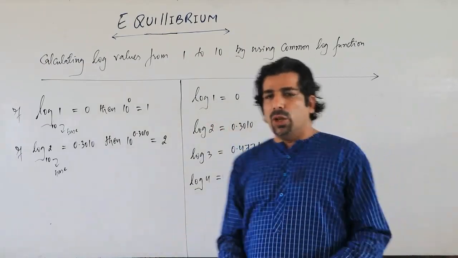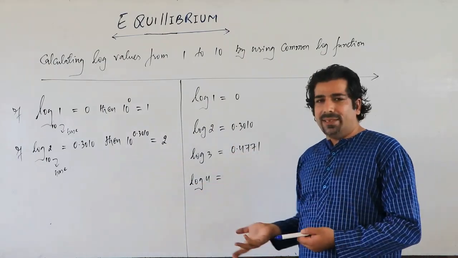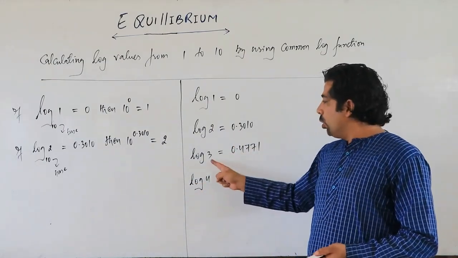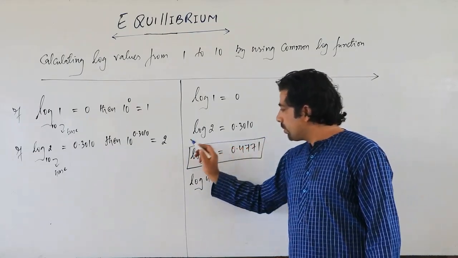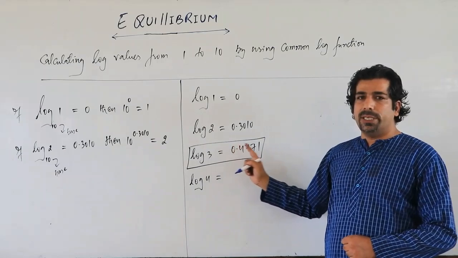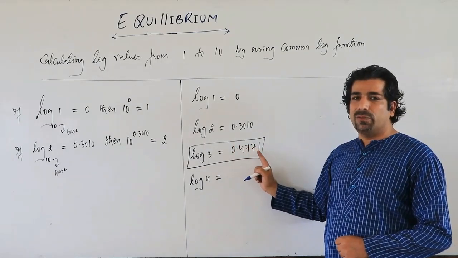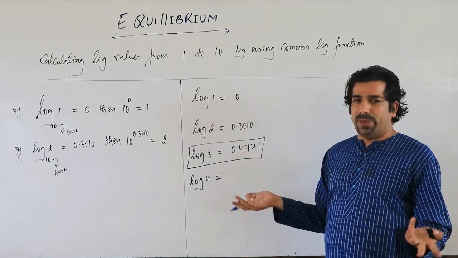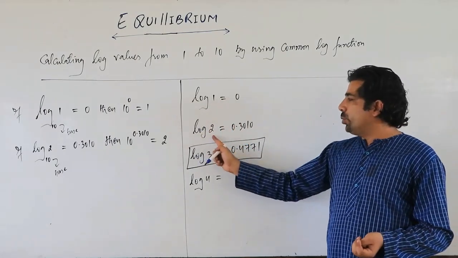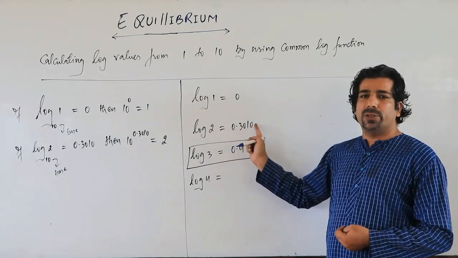Log 2 is 0.3, it's also easier. Log 3 you have to remember. So remember log 3 is 0.4771. Log 1 is 0, everybody knows about it. Log 2 is equal to 0.3010.